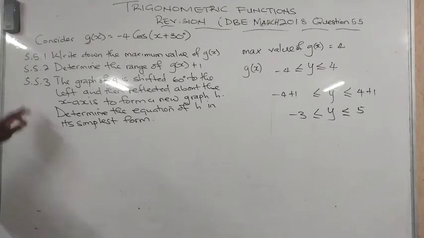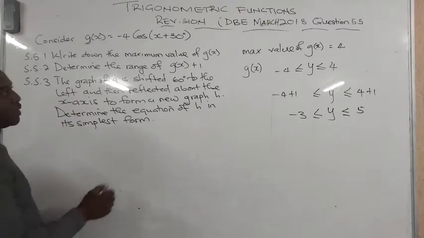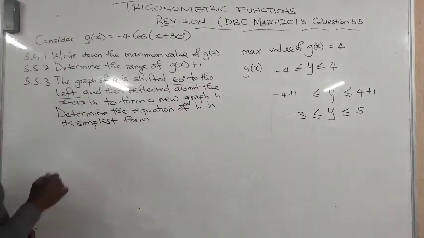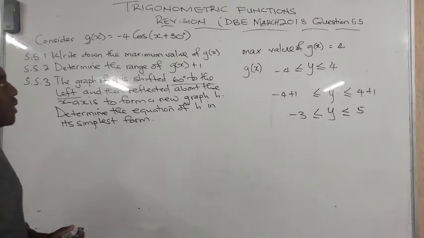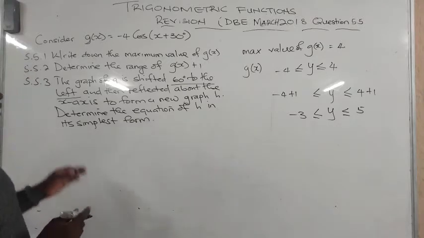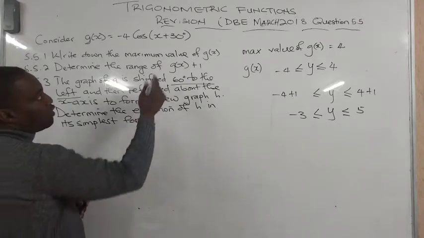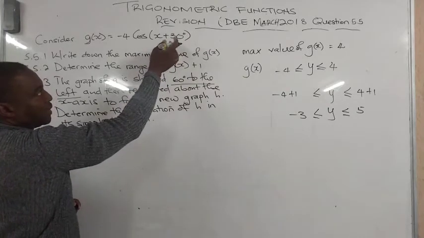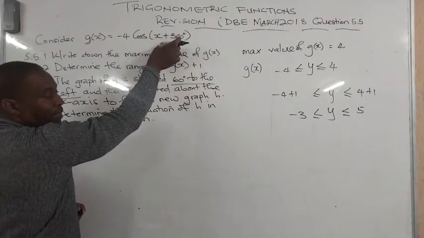Then 5.5.3, the graph of g is shifted 60 degrees to the left. So shifting 60 degrees to the left, that is our p. The effect of p, we see it when we add the 60 degrees to x.